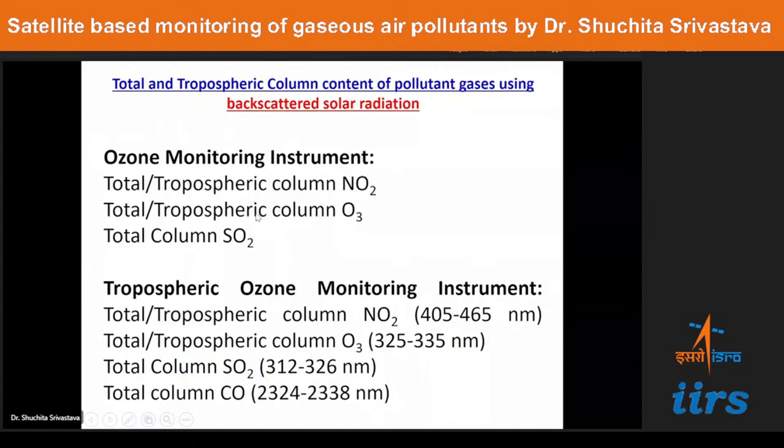TROPOMI, which is an advanced version of OMI, also makes measurements for total column CO. So three gases are given by OMI, and all four gases are given by TROPOMI. TROPOMI is the best observation available for these pollutants, but it gives only column information, not the vertical distribution.